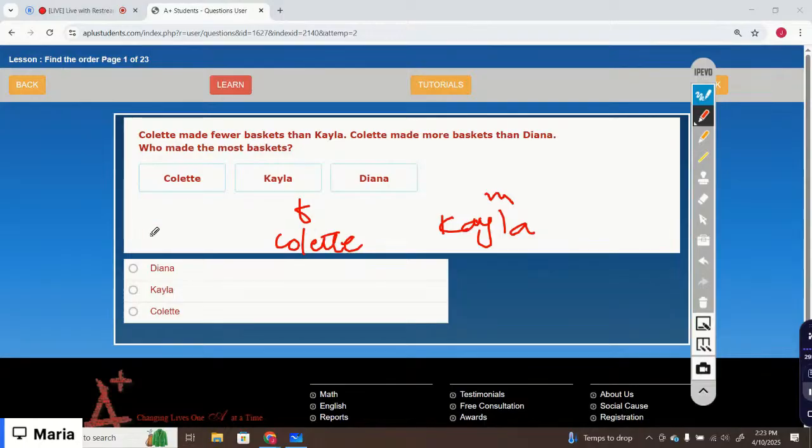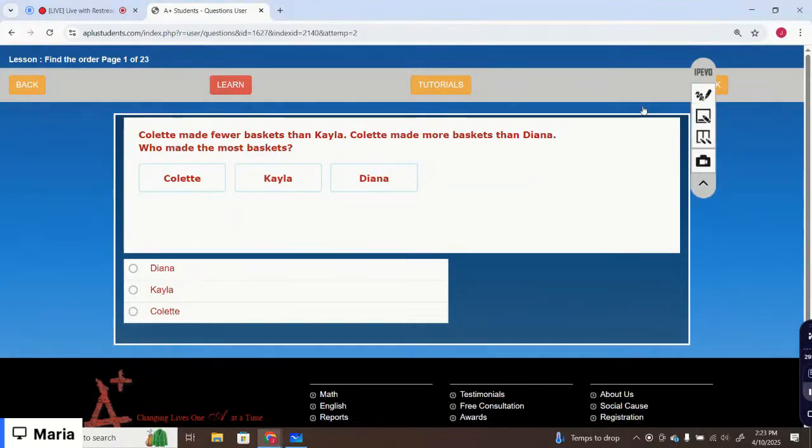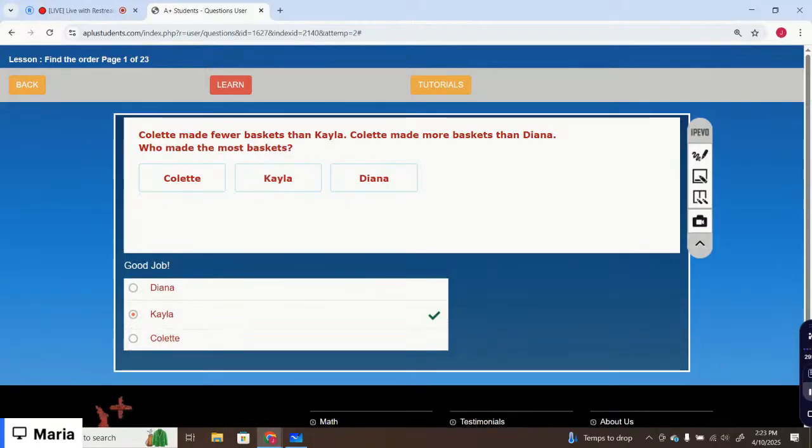So who made the most baskets? Kayla made the most. That is actually the order. Diana made the least, then Khalid, and Kayla made the most. So option number two is the correct option. Kayla made the most baskets. Just understand these questions, order them, and find the correct option.